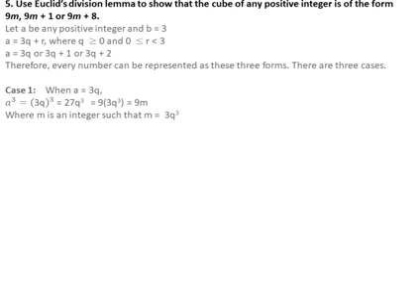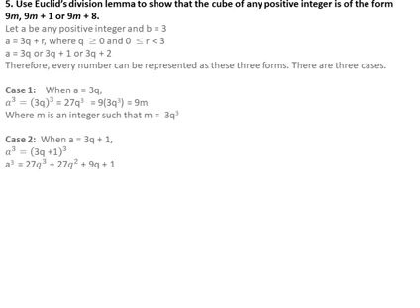In case 2, remainder r = 1. Therefore, a = 3q + 1. Cube on both sides. a cube = (3q + 1) whole cube. We have to apply the (a + b) whole cube formula. (a + b) cube = a cube + 3a square b + 3ab square + b cube. If I apply, a cube = 27q cube + 27q square + 9q + 1.